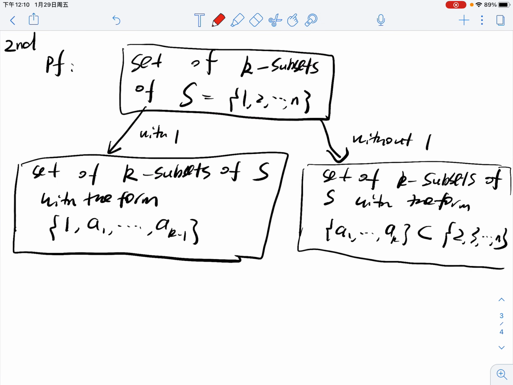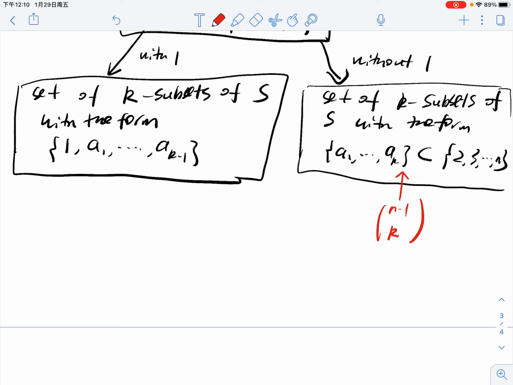And also, the cardinality of the whole set is n choose k. Now let's compute the cardinality of this set. It's easy to see it's just n minus 1 choose k, because now the set is 2 to n. You only have n minus 1 elements.